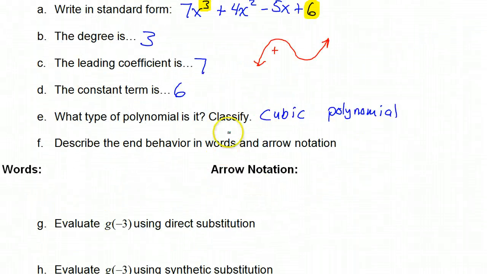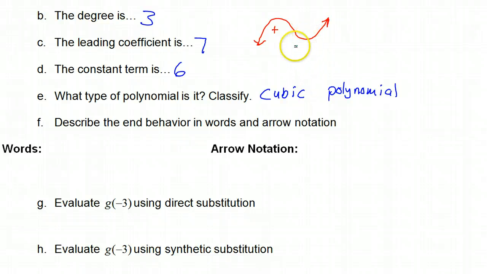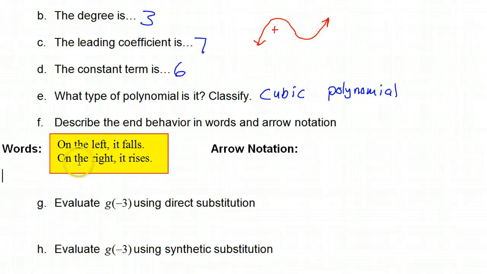So with this picture in the back of our minds, we will say on the left it falls and on the right it rises. Bam! Using arrow notation, it would be like this.